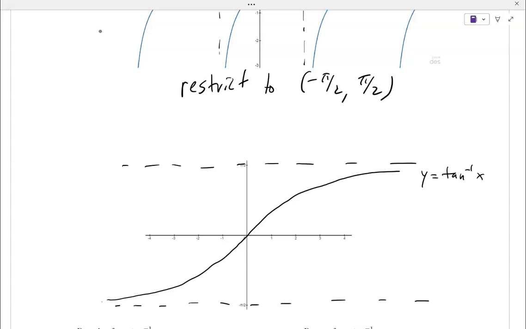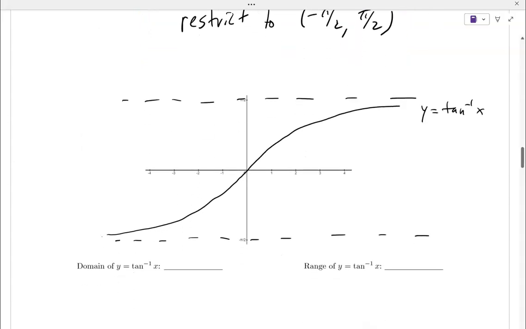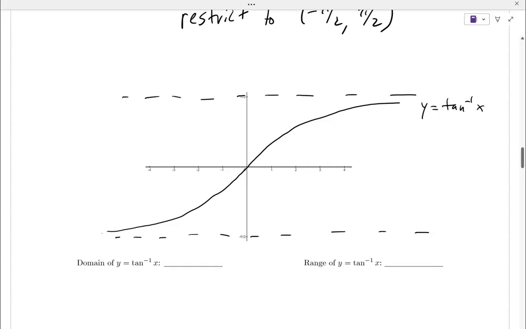Anyway, this is what the graph looks like. So let's do domain and range. Remember, domain of the inverse is range of the original. What's the range of the tangent? Negative infinity to infinity.